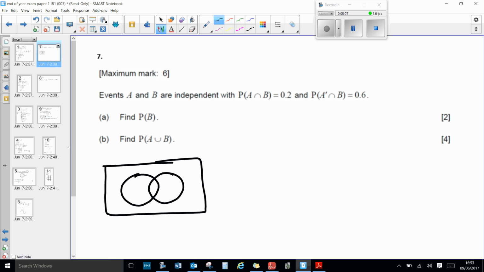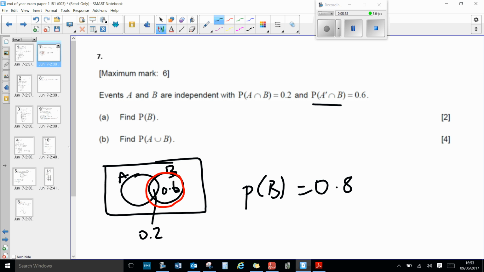I know the intersection, so this, A and B, is 0.2. I know that the intersection of the complement of A with B is 0.6, so that would be 0.6 here, which means the probability of B is this whole section here, which is 0.8.